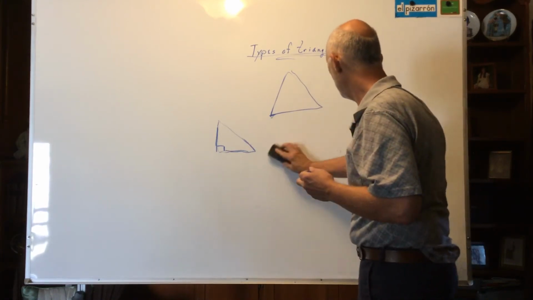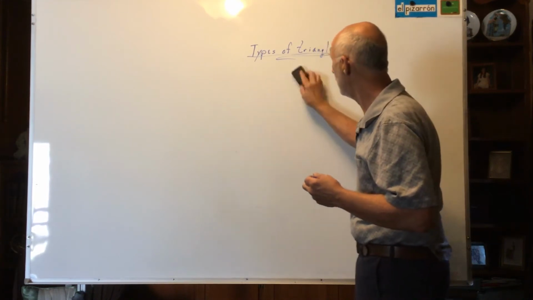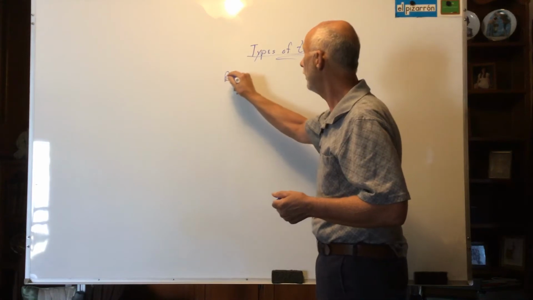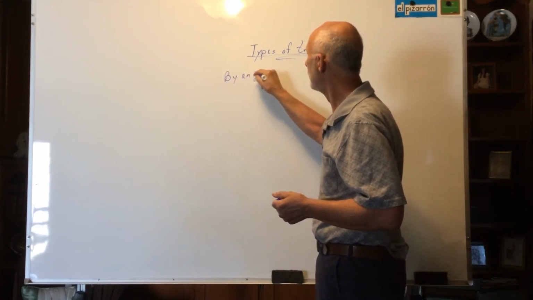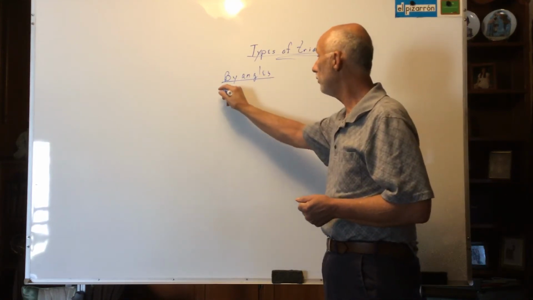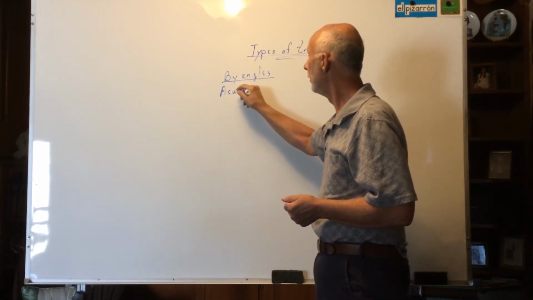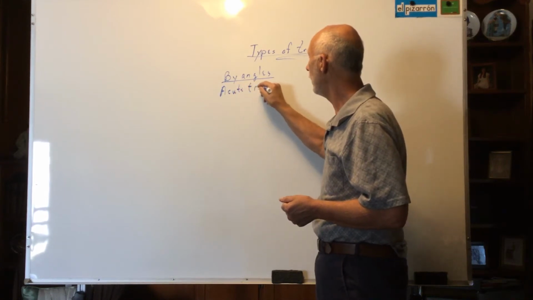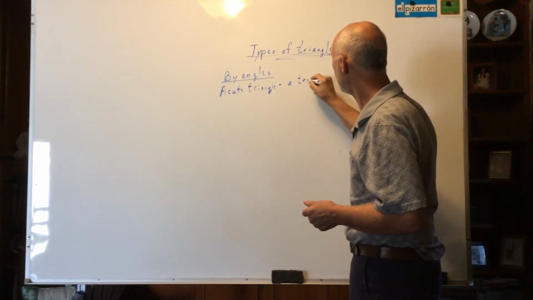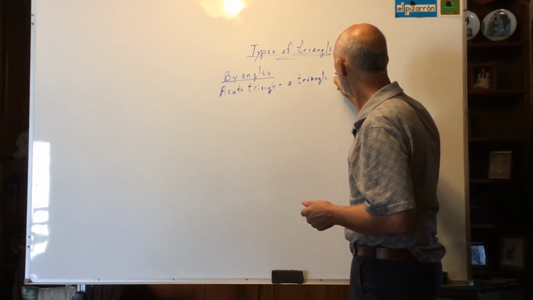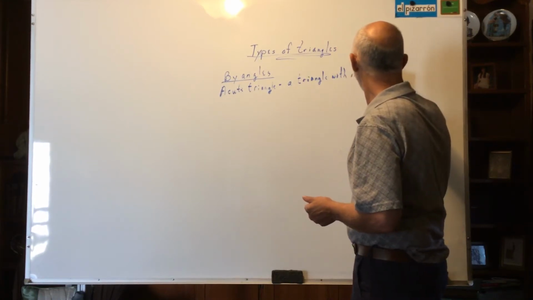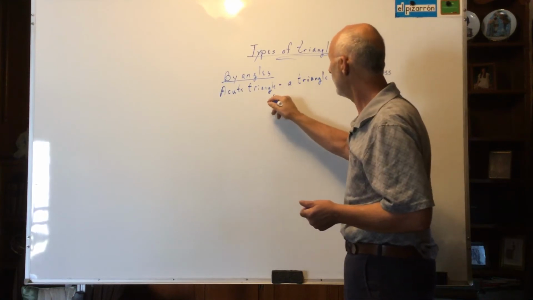Now, first of all, if I want to talk about triangles by angles, there are three types, and the names at least should look kind of familiar to you. The first is called an acute triangle. An acute triangle is a triangle with all angles less than 90 degrees.